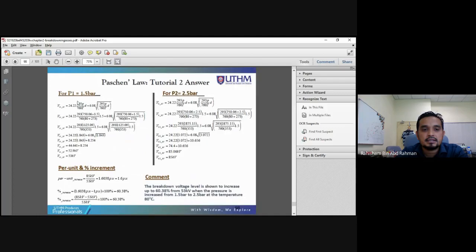How we use the formula to calculate the value at a given pressure, and then we need to comment on what will happen. We need to draw conclusions on what will happen if the pressure is increased or decreased by certain values, and then we get the increment and decrement values.